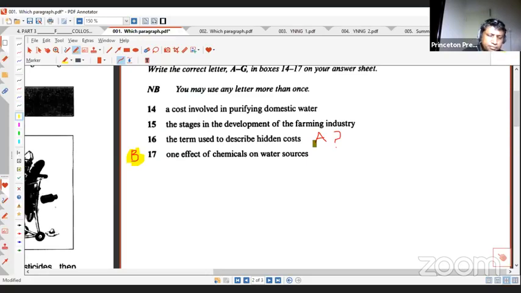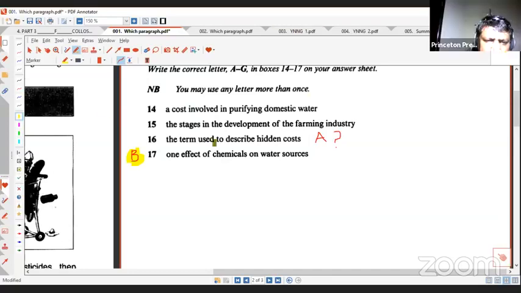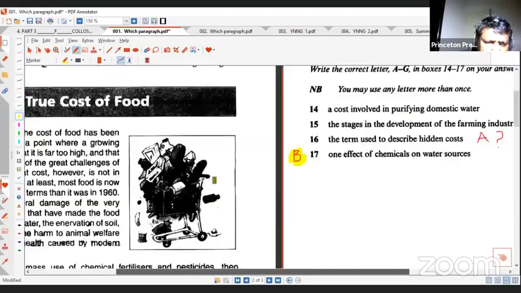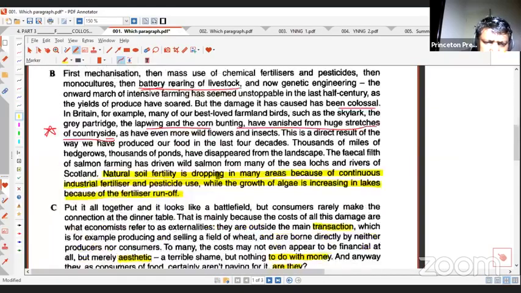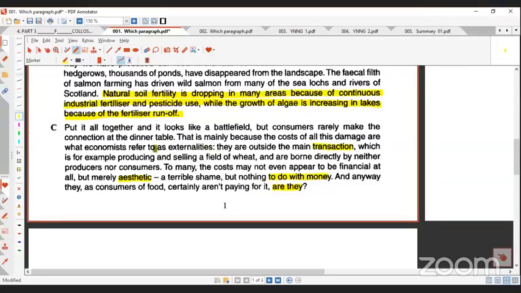Number 16. This one will be 16. The term used to describe hidden cost. So which one could be the hidden cost? Which term? I think this one, externalities.